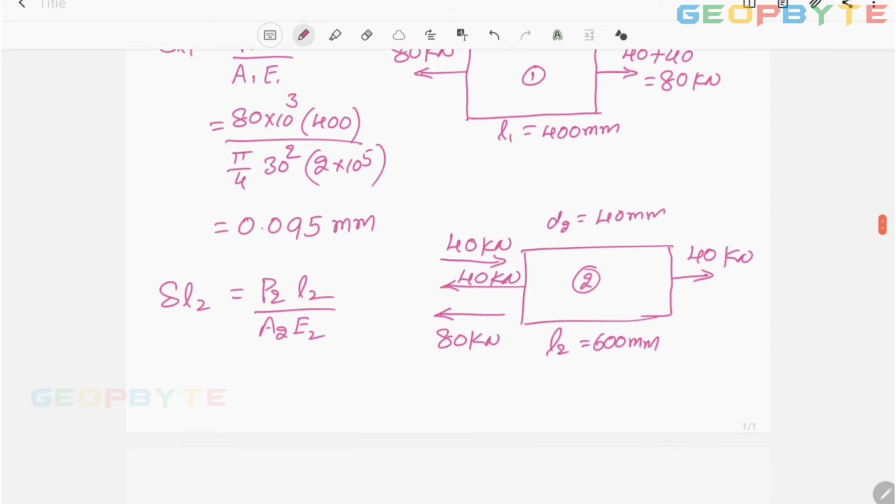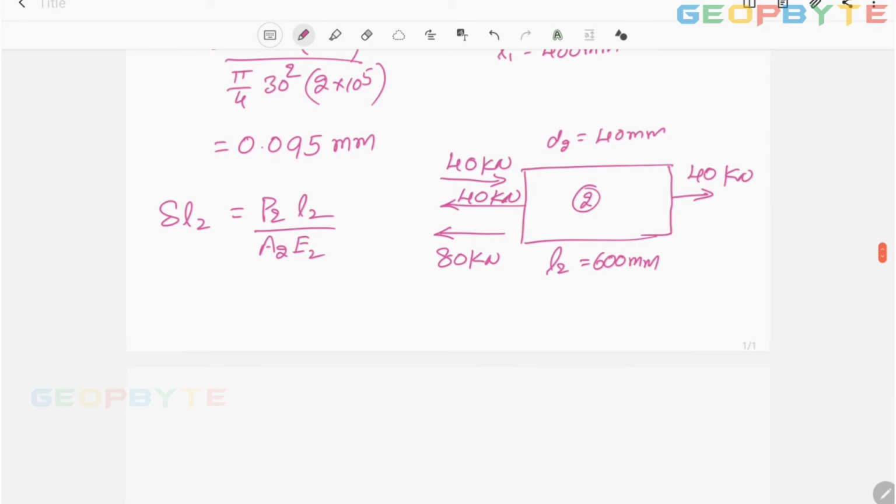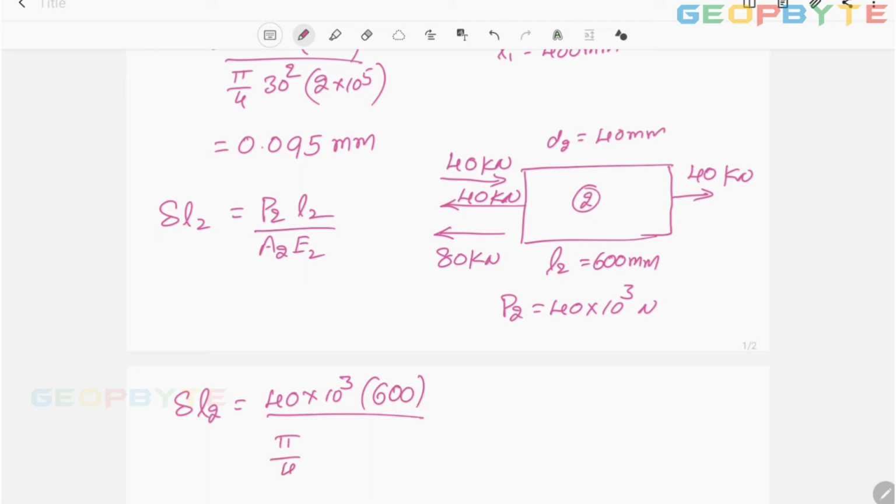So delta L2, the change in length for section 2, P2 is 40. Here P2 equal to 40 into 10 raised to 3 newtons, L2 600 divided by A2 pi by 4 into D2 square.